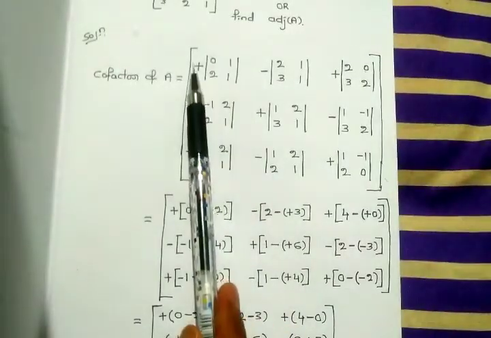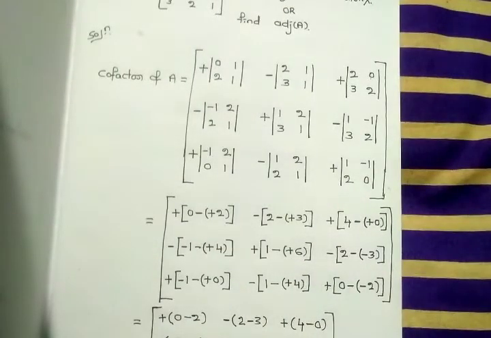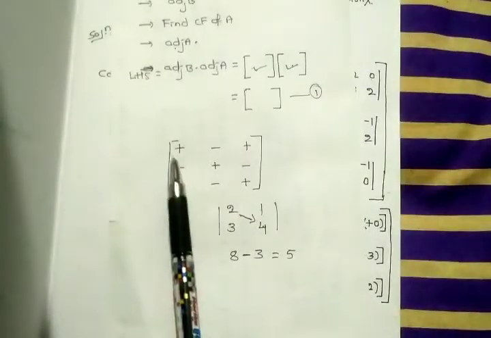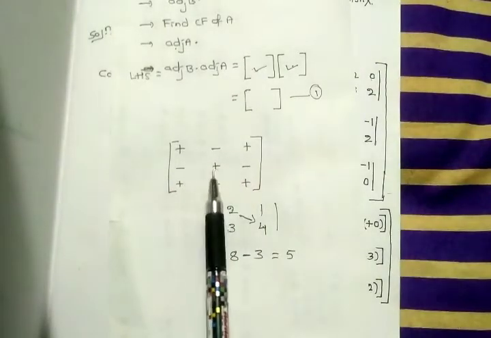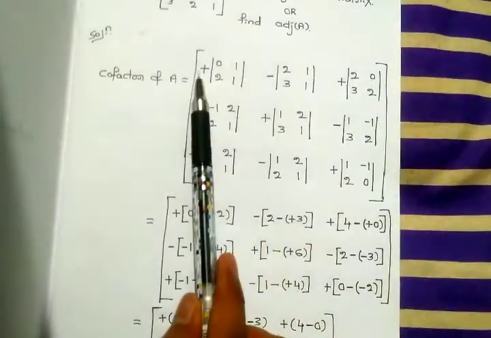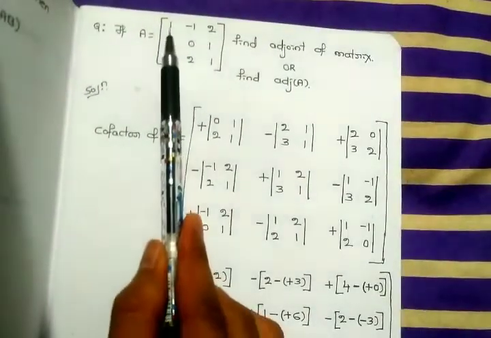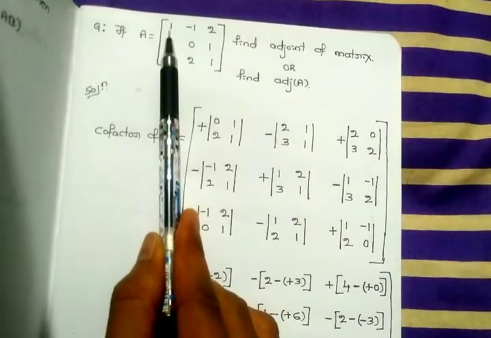Third order. So first step, what to do? Third order sign rule you mention. So just now I told you sign rule, plus minus plus minus plus minus plus minus plus, that is alternative sign. First sign you mention, next you need to take first element. What is the first element here? 1.